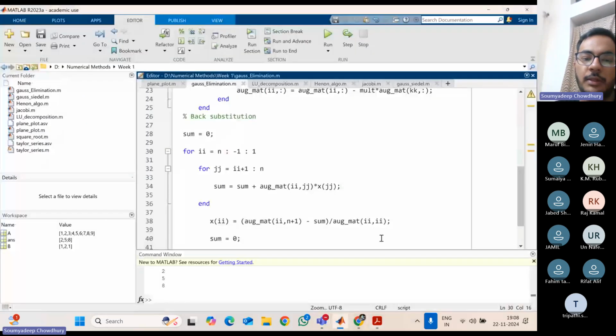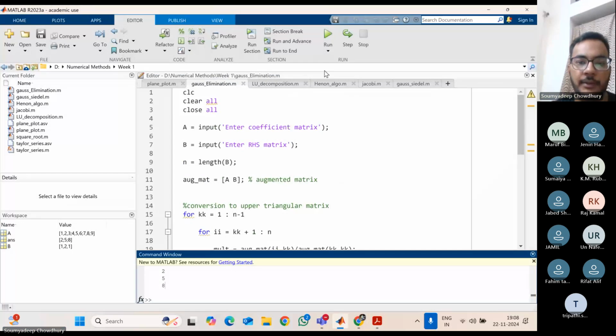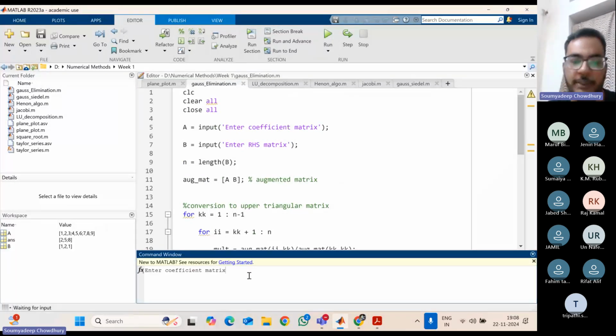Okay. Now I'll run this code and I'll show you how the results are coming. See, once I run that code, it is asking me to enter the coefficient matrix, which is the A matrix. What was my A matrix? Just a second. 1 2 1 semicolon 2 3 4 semicolon 3 5 7.